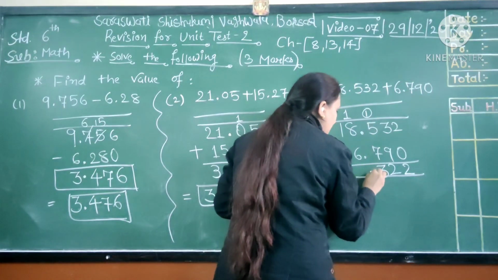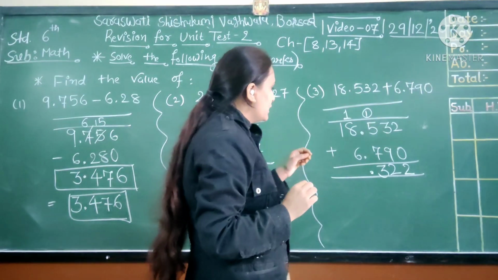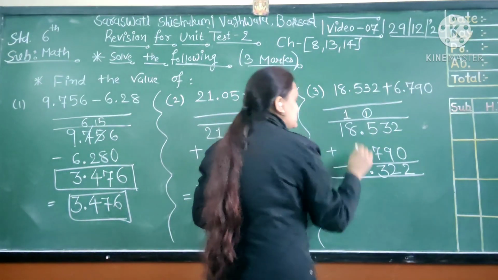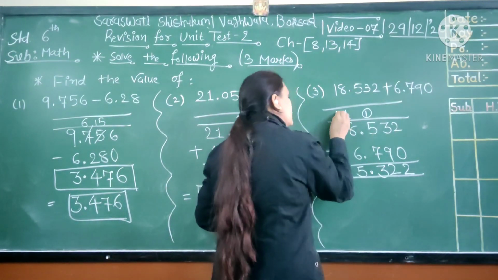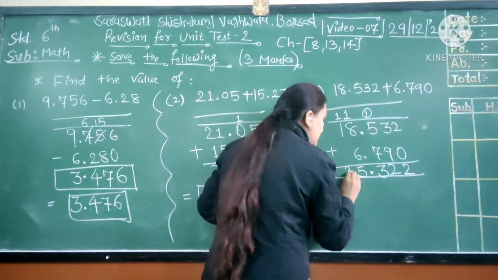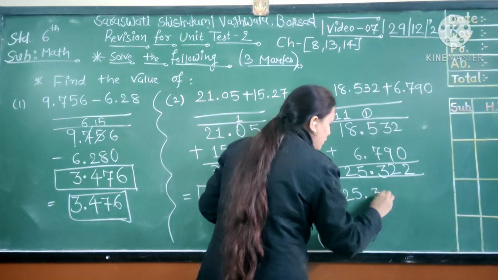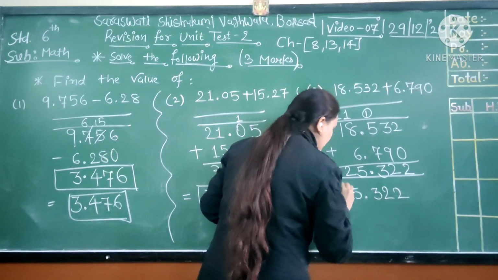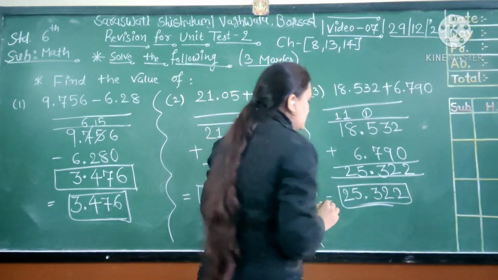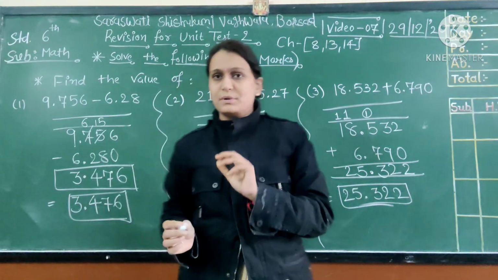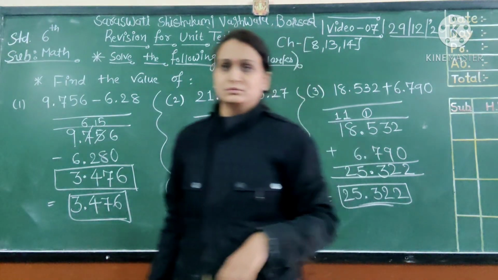Now decimal will be as it is. Now we have to add 8 plus 6 means 14 plus 1, 15. So carry over 1, 1 plus 1, 2. So the answer of the addition is 25.322. So here in this question we have learned addition and subtraction both.